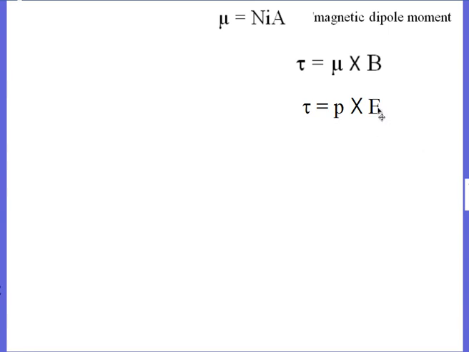And you recall in this case there was also a value for the potential energy, and for the magnetic dipole it's going to be exactly the same formula. It's going to be the dot product instead of the cross product, and there's going to be a negative out front. And so that would mean that you would have your minimum potential energy when the magnetic dipole is parallel to B.